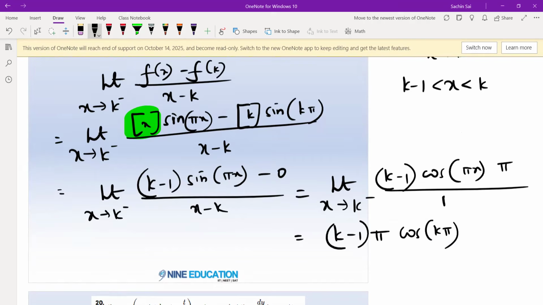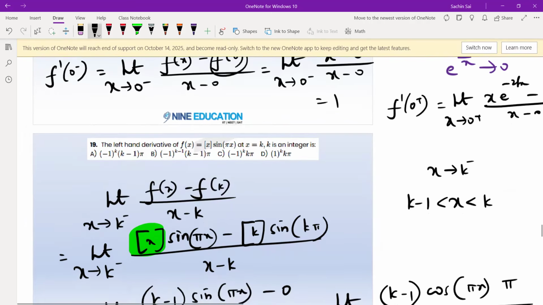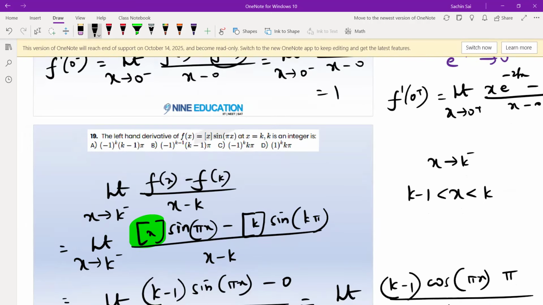And what is cos of k pi? Cos of any integer multiple of pi can either be plus 1 or minus 1, and that is decided by the integer k. You can write this as minus 1 power k. For even multiples of pi, you should get plus 1. For odd multiples of pi, you should get minus 1. So the answer is minus 1 power k times k minus 1 times pi.